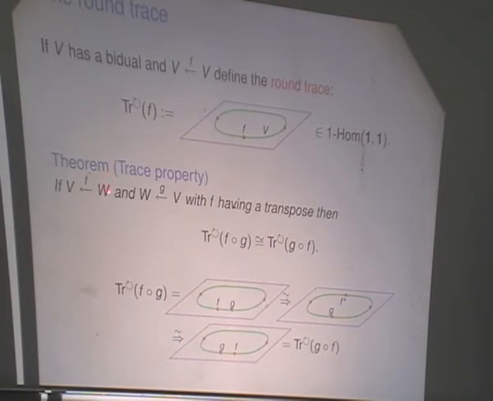So if we have F from W to V and G from V to W, with one of them having a transpose, then we can do exactly the same trick. With the round trace defined in this way, we've got a 2-isomorphism that brings F round, at the expense of making it a dual going from W star to V star, and then again we can bring it round this side and we get these isomorphic.